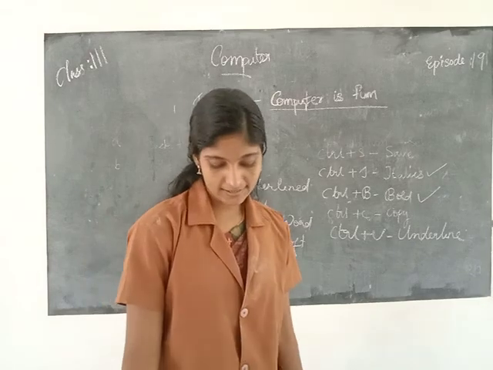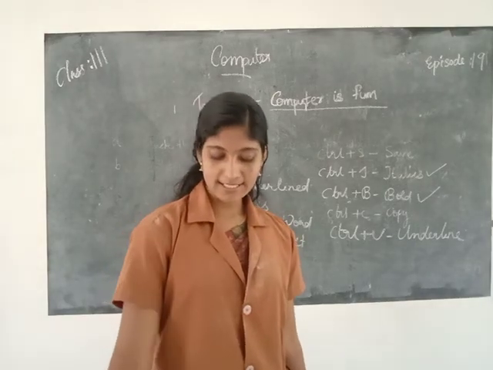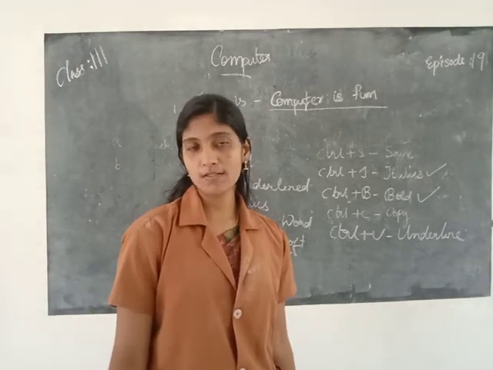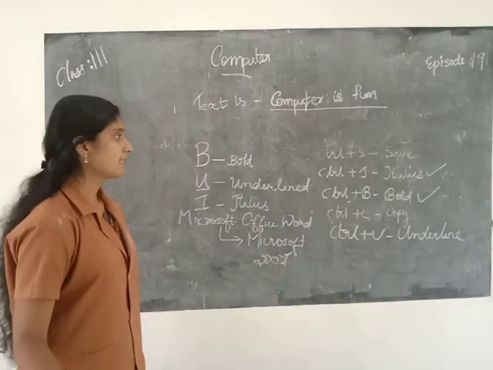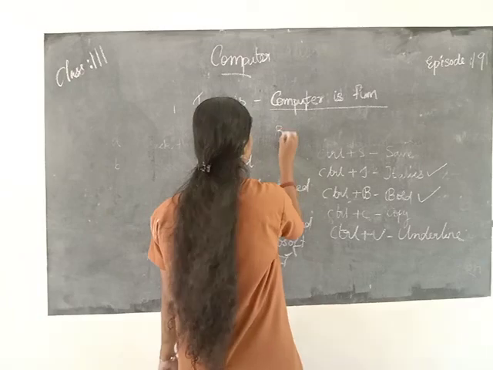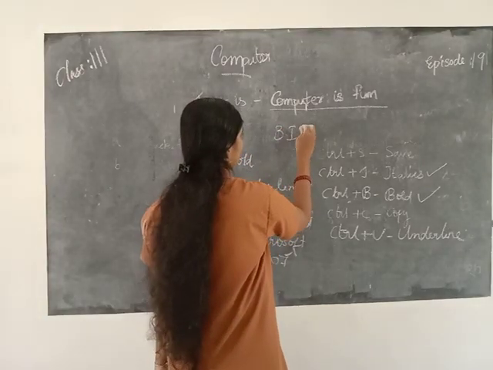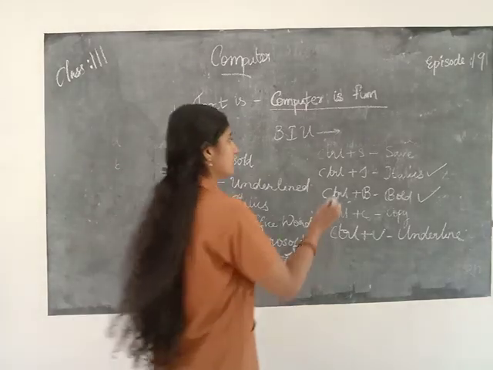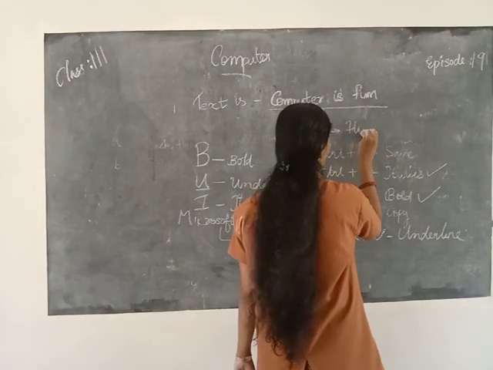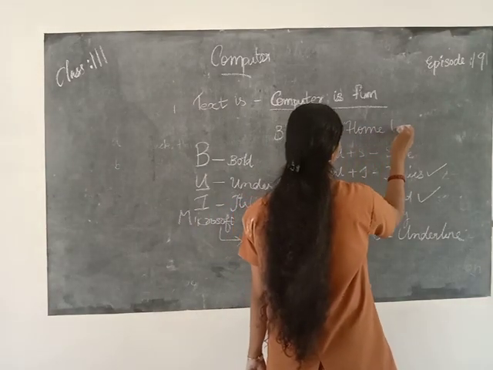Then next question is the font style like bold, italics are under which tab? Yes, here B, I and U are under the Home tab.